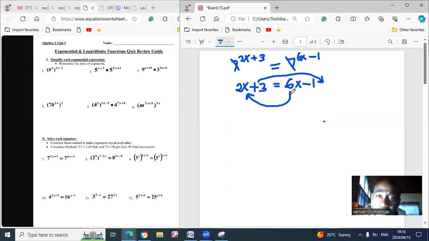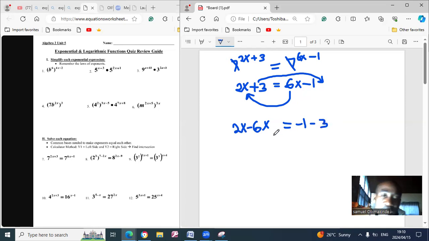Remember, whenever any term crosses the equality sign in mathematics, the sign reverses. So here we have 2x, then the plus 6x crossing to this side becomes negative 6x, equal to negative 1, then the plus 3 crossing to the other side becomes minus 3.